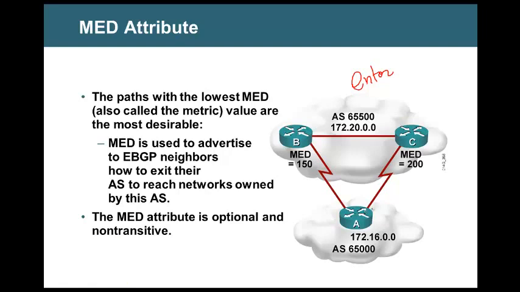See, this is an EBGP neighbor to C and B. Now A wants to reach this network 172.20.0.0. There are two paths by which it can reach: one via B, another via C. Now, I want A to come via B.